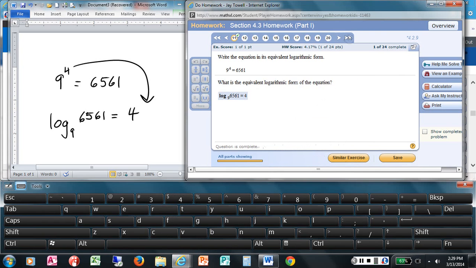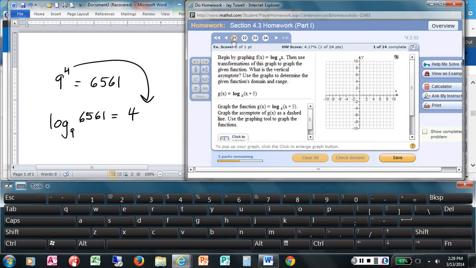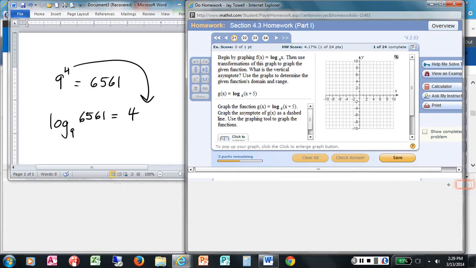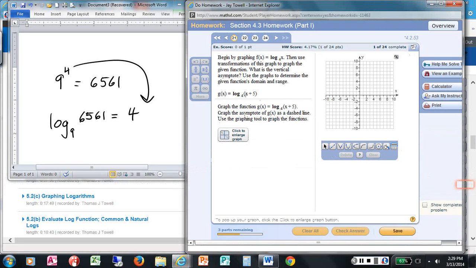Now the other one I was going to show you was on this, again on graphing the logarithm. Of course this is log base 4 of x plus 5.